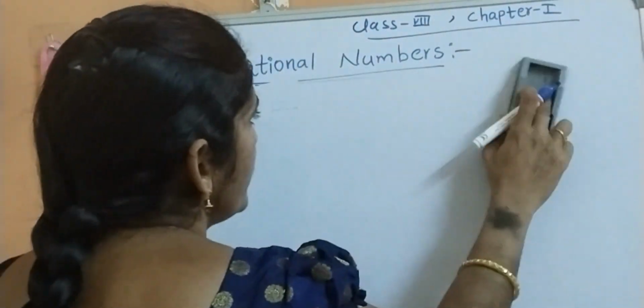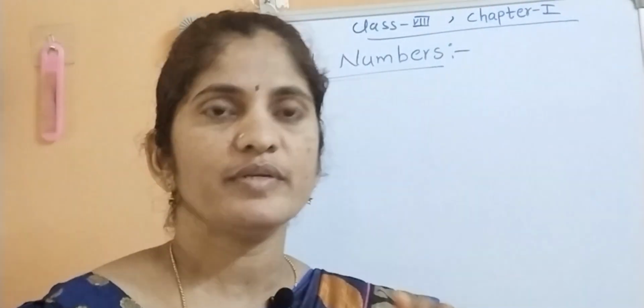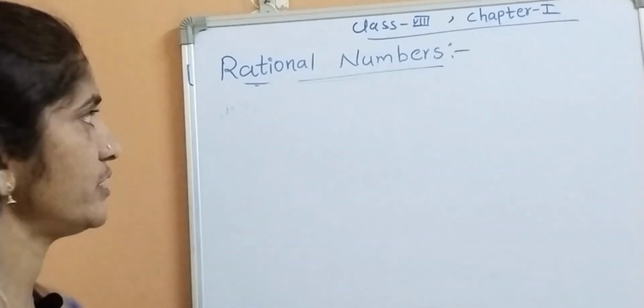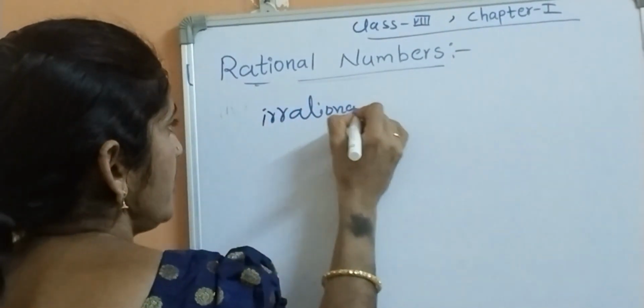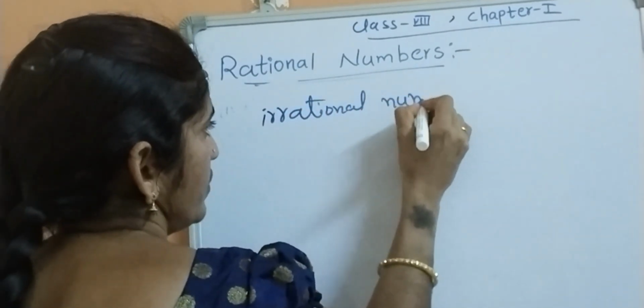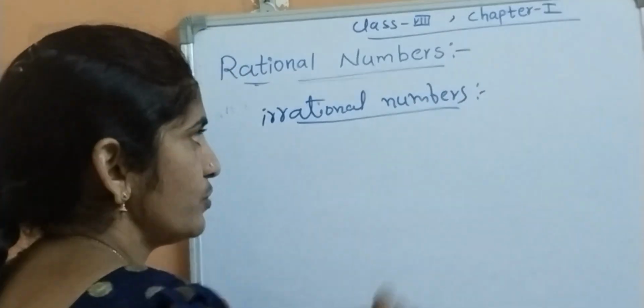One more number system is there, irrational numbers. These numbers are denoted by Q dash.